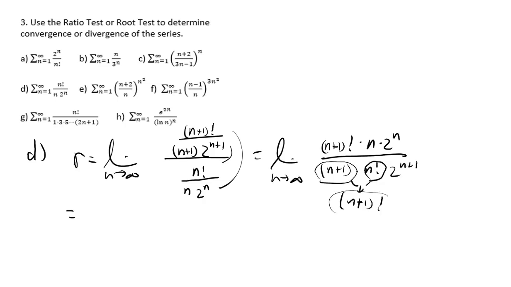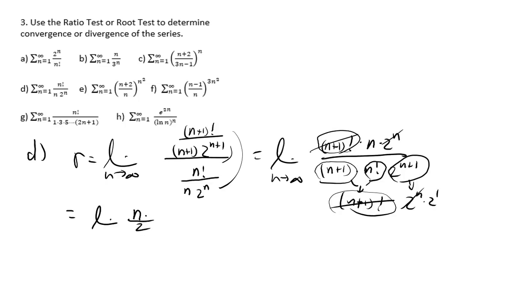Well, that's nice because we have n plus 1 factorial up there, so we can cancel these, and therefore what's left on the top is just n, and this is 2 to the n, and this here is 2 to the n times 2 to the first power, so that 2 to the n also cancels with 2 to the n downstairs, and what you are left with is 2. And then you have the limit n going to infinity, which is just infinity over 2.